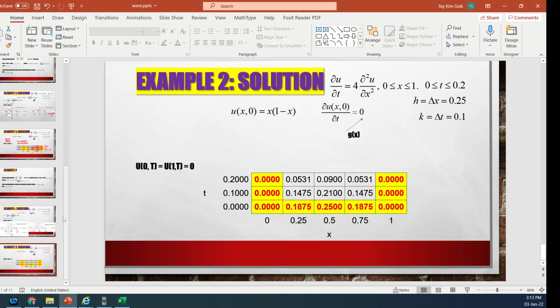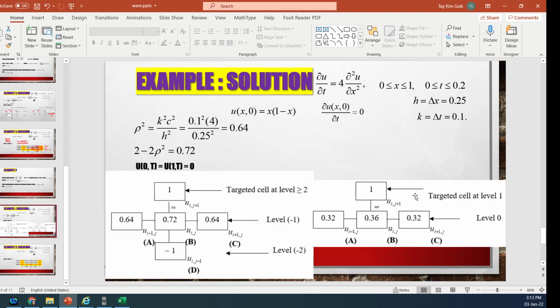If you want to do it manually, then you have to key into your calculator.